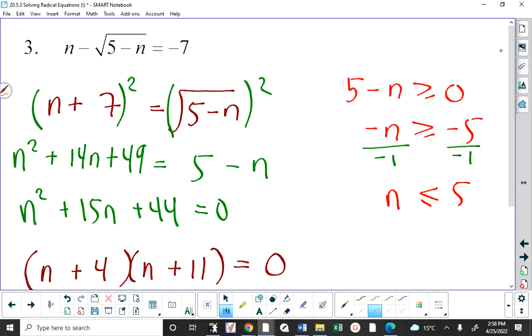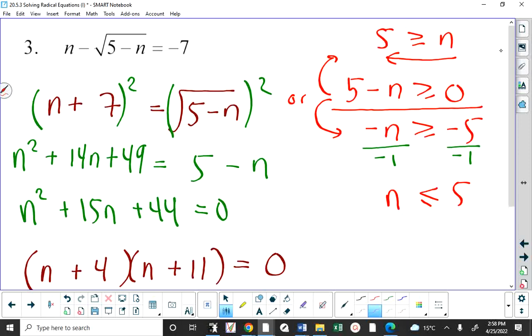I would instead, so you can do this, or I would move the n over and read it backwards. Does that ring a bell? Because if 5 is greater than or equal to n, then n is less than or equal to 5. Okay? And I'm doing this for a reason.